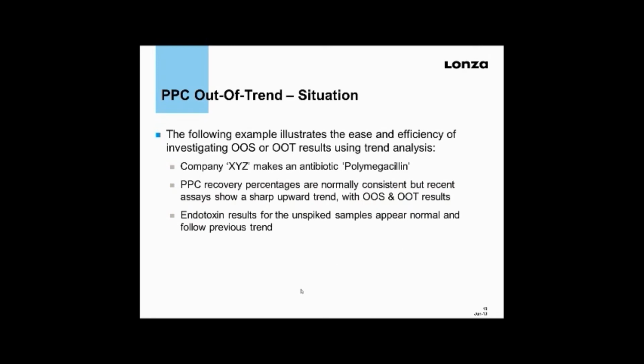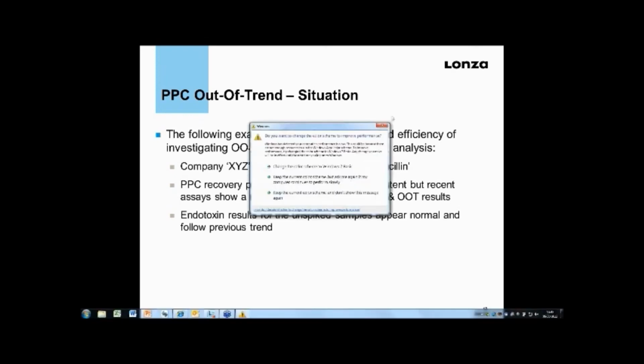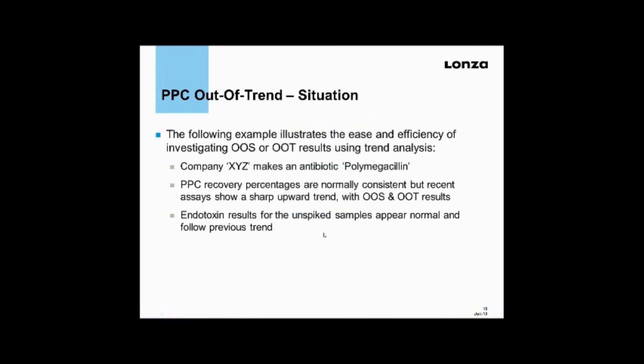Normally the PPC recovery percentages are consistent for this product, but the recent assays have shown a sharp upward trend with OOS and OOT results. And despite the fact we're getting these unusual PPC recoveries, the endotoxin results for the unspiked samples appear normal and are following the previous trend. So that sets the background.